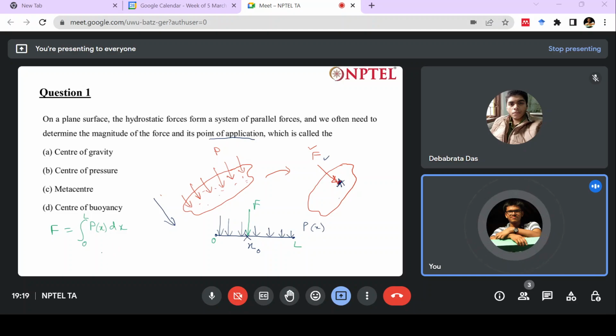So the force for every point is p(x) dx. Now, what will be the moment? In the moment there will be this term associated as well: x minus x0. This is the distance from which this pressure is acting on some small element dx.